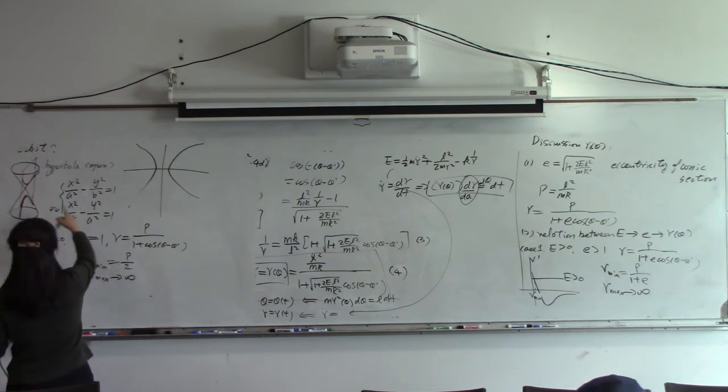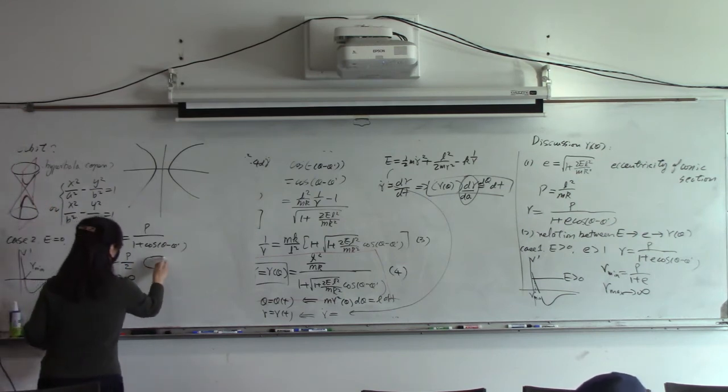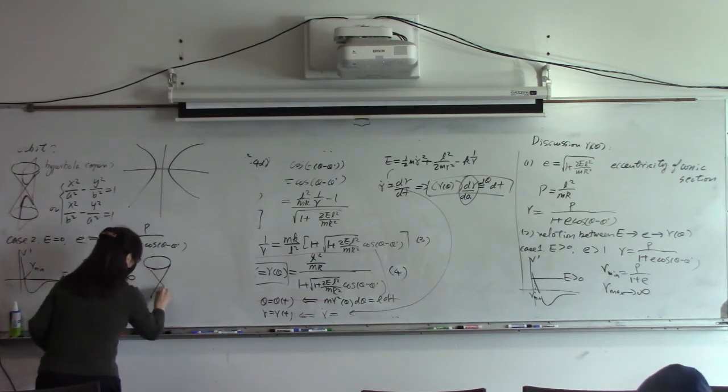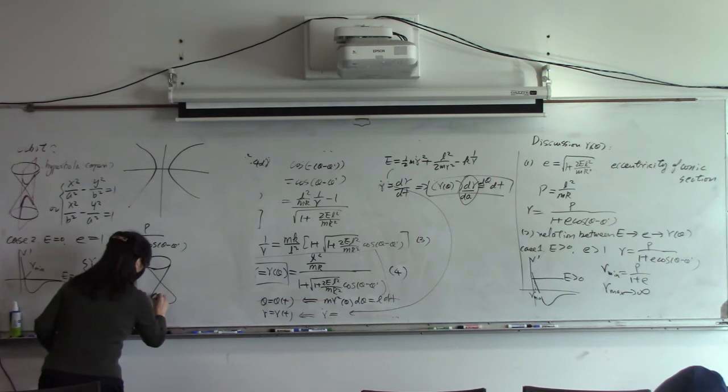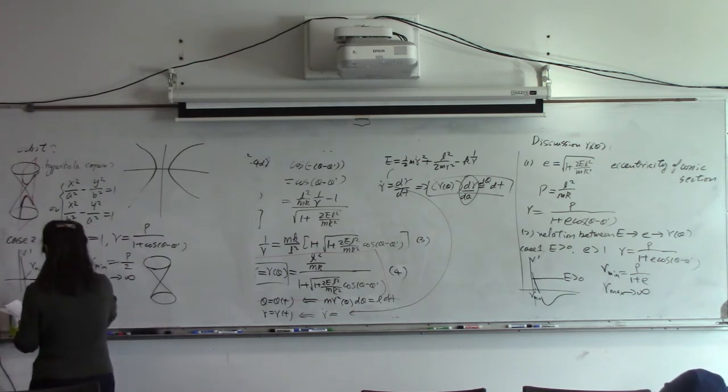Now let's look at the orbit. In this case, e is equal to 1. From the conic section, e equal to 1 corresponds to this truncation.